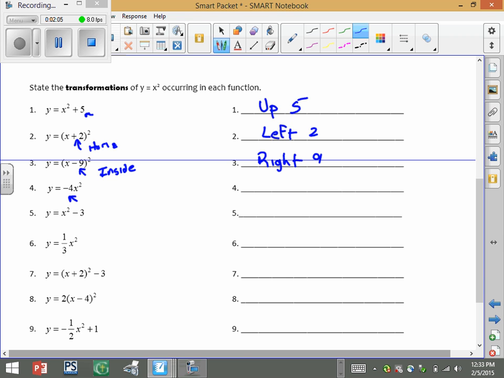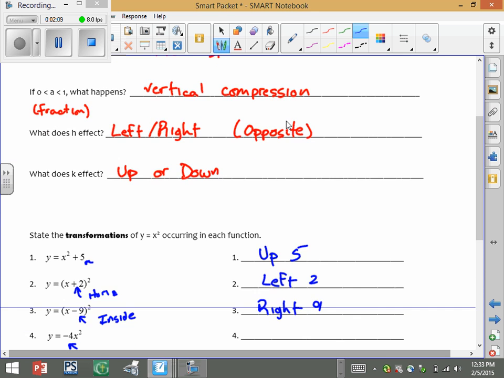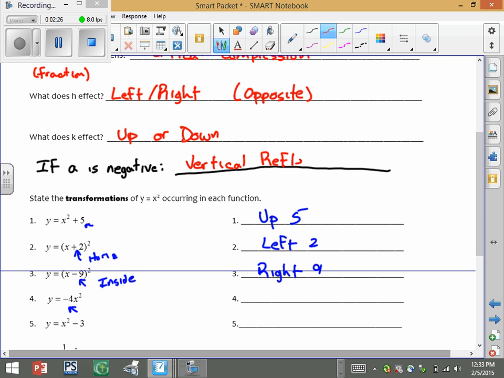The minus 4x squared: one of the things that's not sitting here on the table is if a is negative, remember what that does for us. That's a vertical reflection. That's going to flip it over the x-axis.